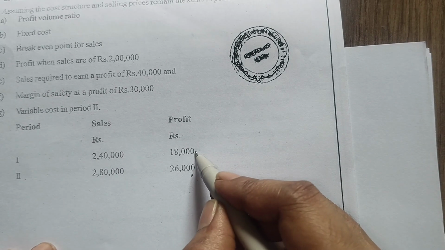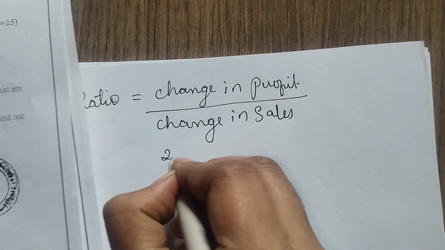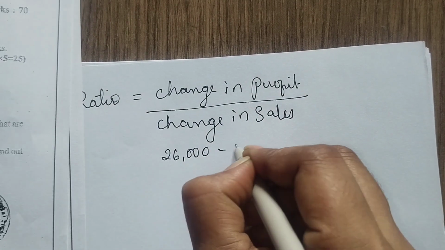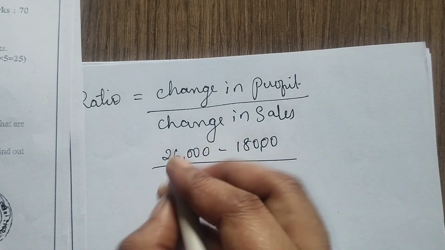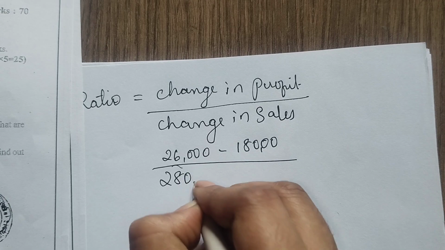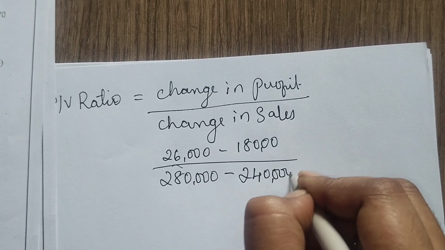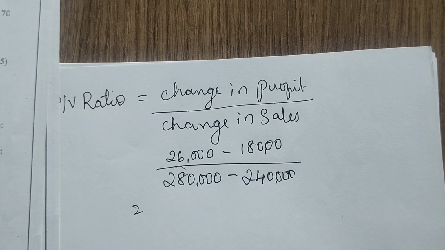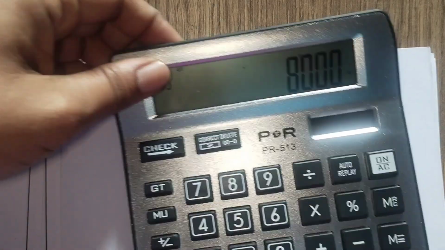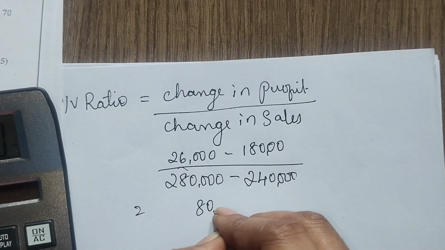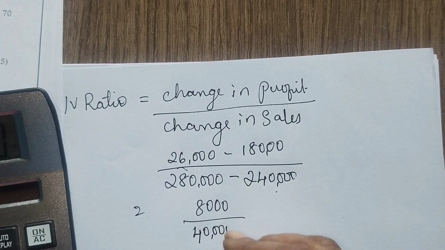So here change in profit is second year minus first year: 26,000 minus 18,000, divided by change in sales: 2,80,000 minus 2,40,000. 26,000 minus 18,000 is 8,000. 2,80,000 minus 2,40,000 is 40,000.